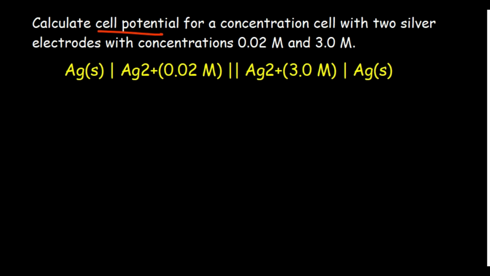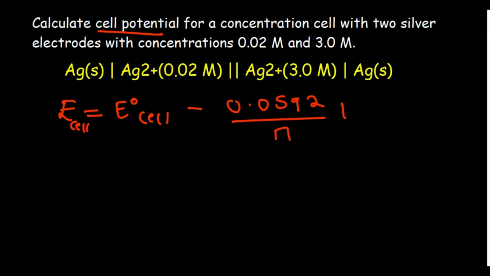I've already talked about the Nernst equation earlier. The next equation comes from the relation between the Gibbs free energy, the non-standard and the standard. The non-standard cell potential is equal to the standard cell potential minus 0.0592 over n log of Q. There are two forms of this equation that I've already explained earlier, so we'll use this one to simplify things.